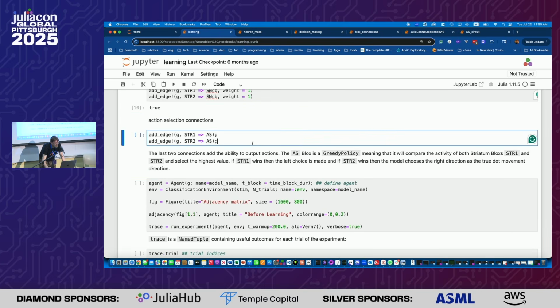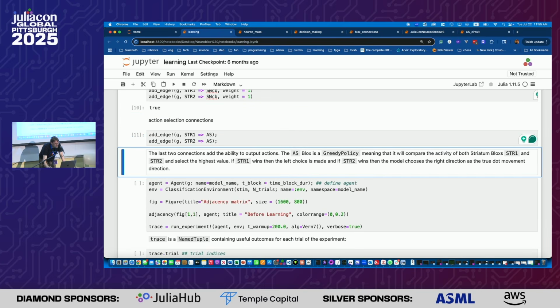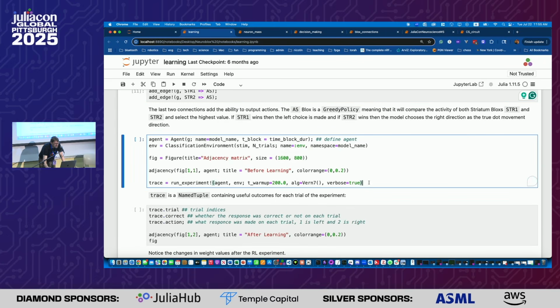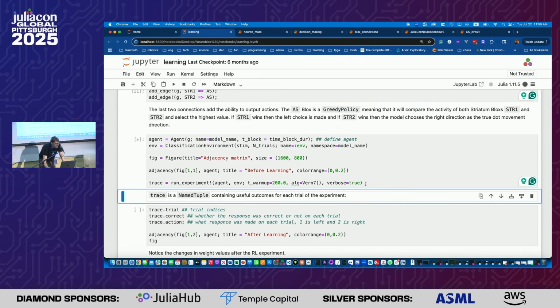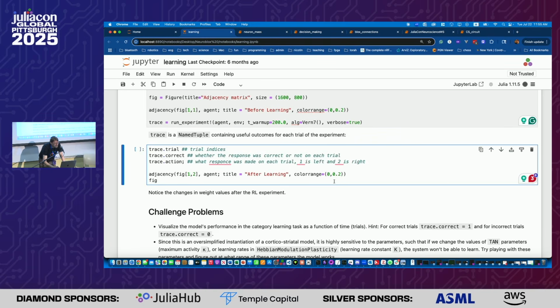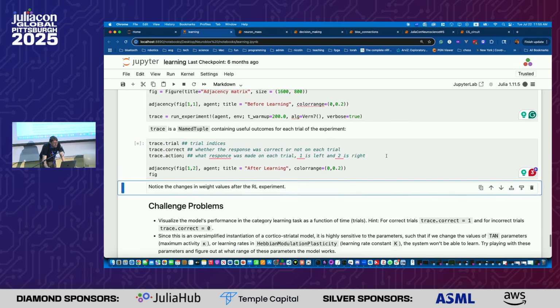And then essentially we create all the connections between these striatums. We create an agent. And I apologize, this may be a little bit complicated.